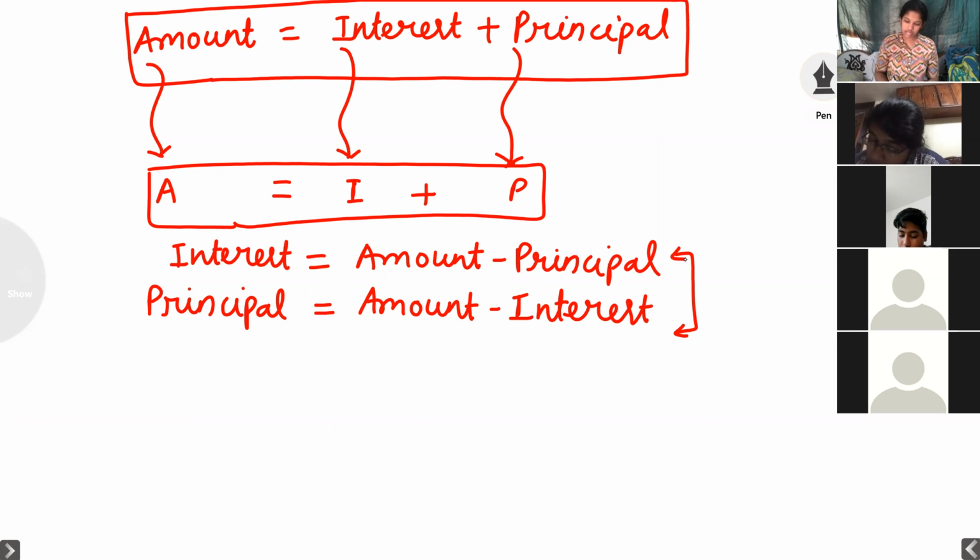Both formulas come from the main formula.